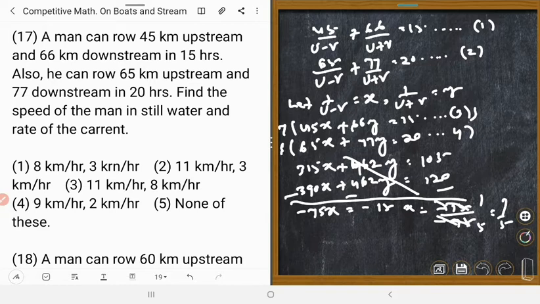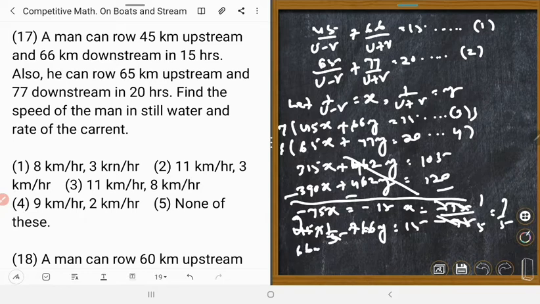Now let's apply it in equation 3. This is equation 3. 45 into 1 upon 5 plus 66y is equal to 15. So 45 by 5 is 9, right?